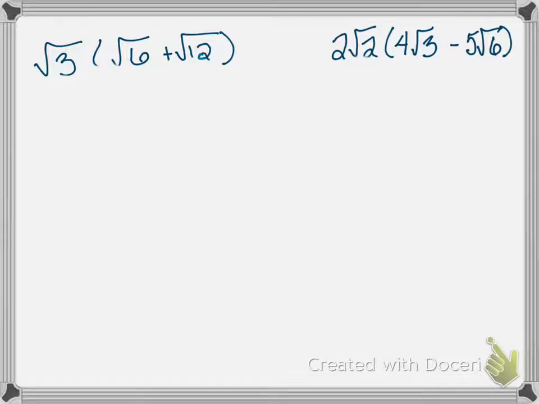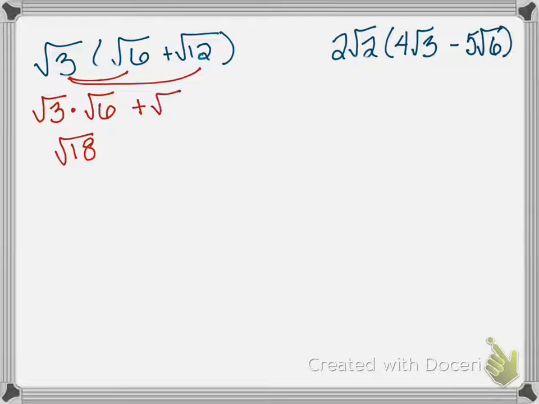So I am going to write this out so that you can see. So I've got square root of 3 times the square root of 6. The square root of 3 times the square root of 6 is the square root of 18. So I've done that part right there. Now I've got the square root of 3 times the square root of 12.